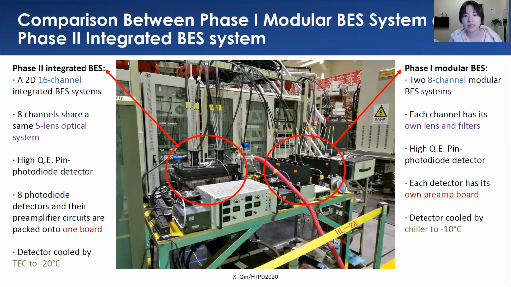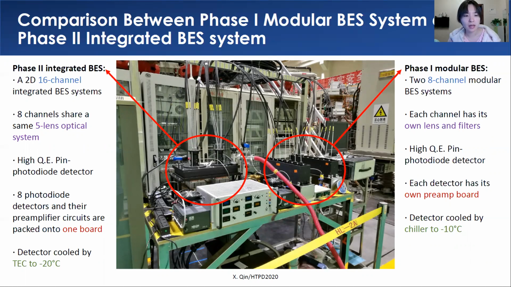Compared with previously installed Phase 1 modular BES system, the Phase 2 integrated BES system has several advantages. First, it has 2 times more channels. Instead of having individual lens and filters for each channel, in Phase 2 integrated BES, 8 channels share a same 5-lens optical system.